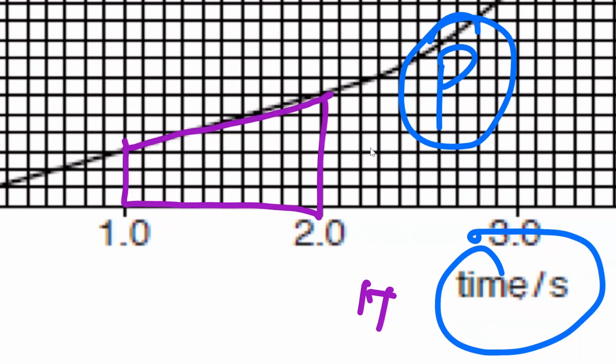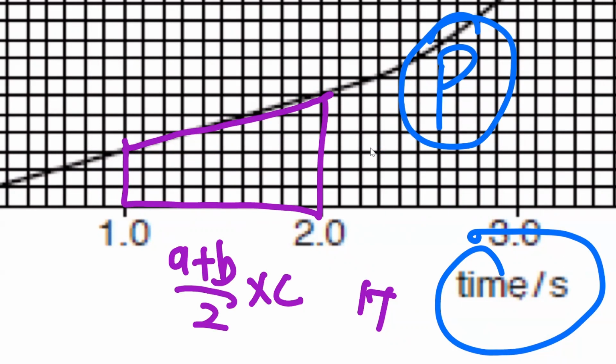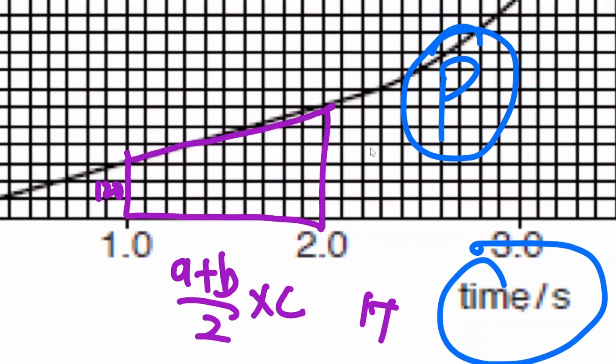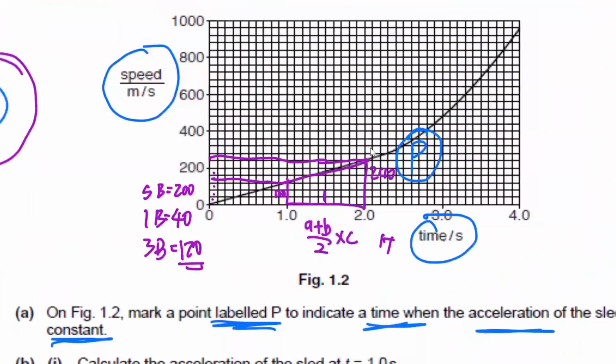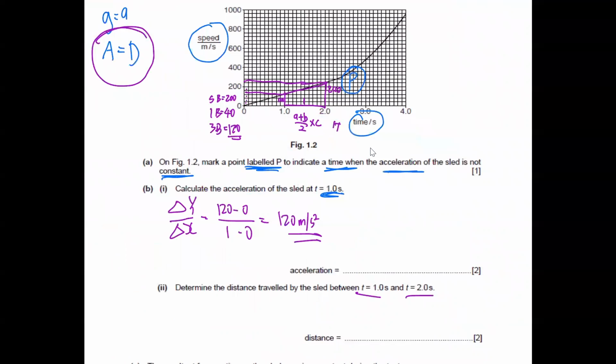Trapezium is (A plus B) over 2 times C. This A is 120, and this one is 240. This here is 1. So if I press it into my calculator, 120 plus 240 divided by 2 times 1, I get exactly 180.